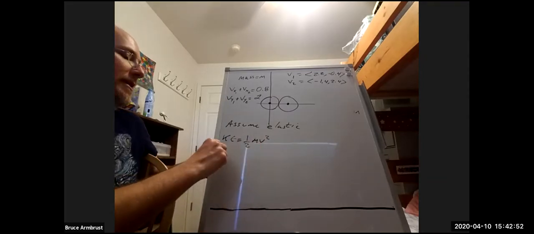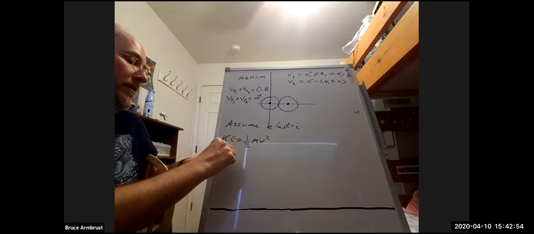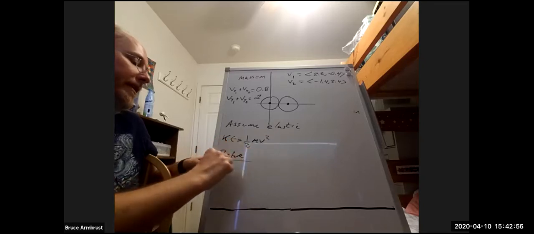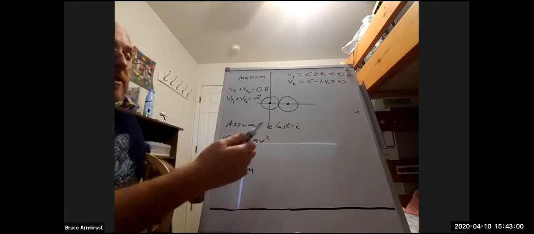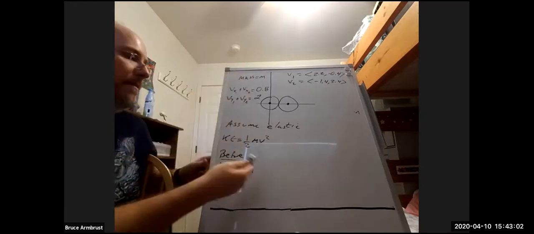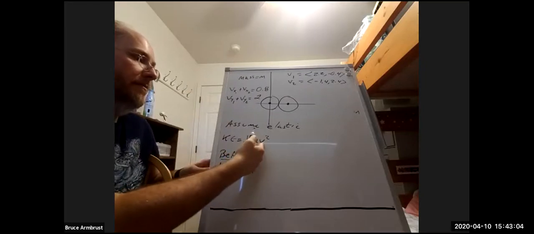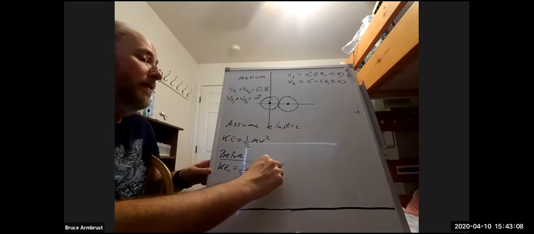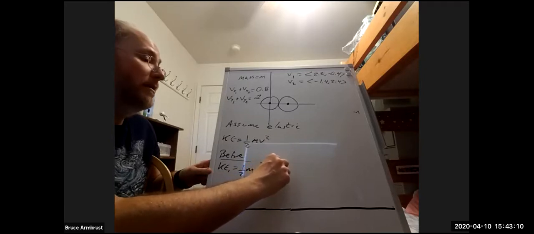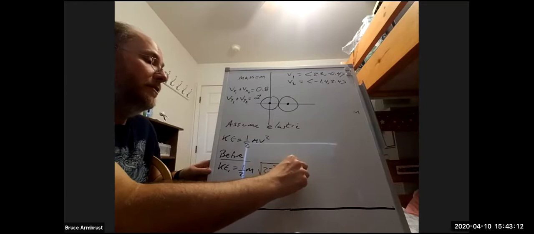So if we go with the before, we're going to have a kinetic energy 1 is going to be 1/2 the mass of the object, which we assumed are just the same. But then in terms of its magnitude, this is going to be the square root of 2.2 squared plus negative 0.4 squared.